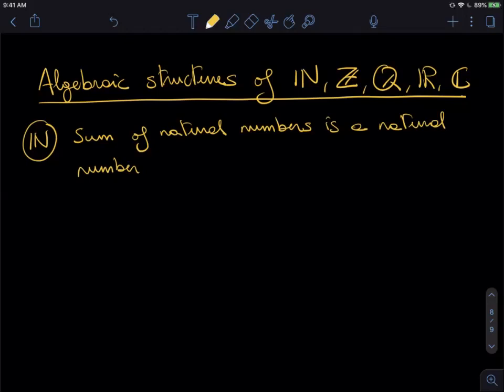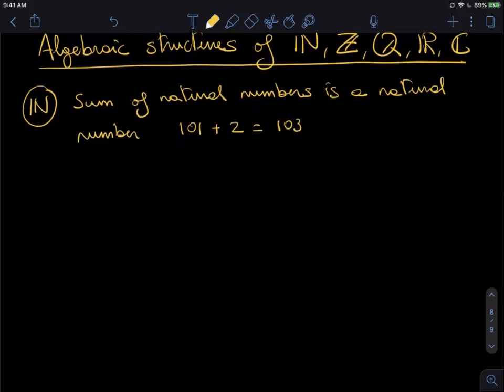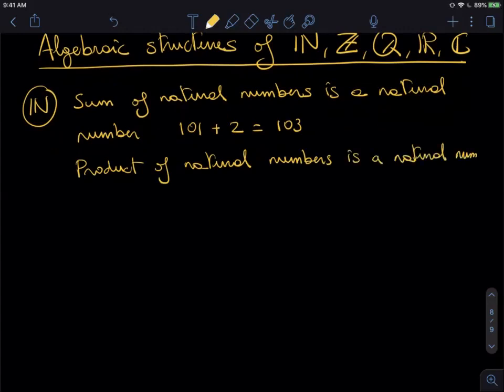For example, if I add together 101 plus 2, I get 103. No big deal. The product also works very well. The product of natural numbers is a natural number.